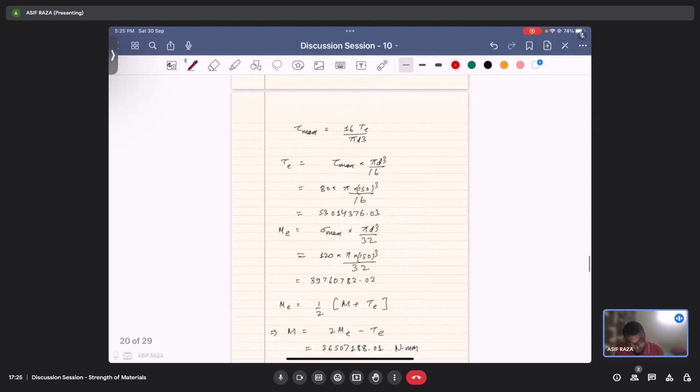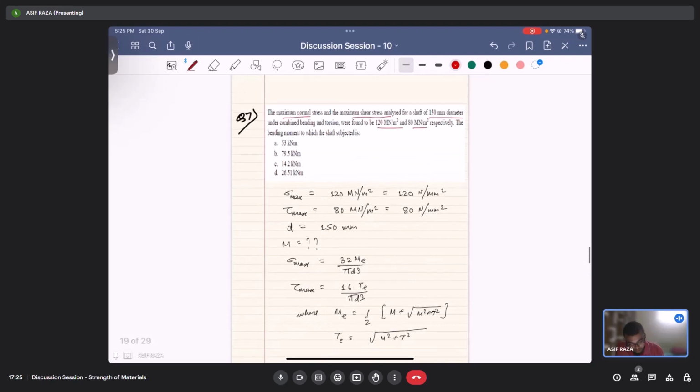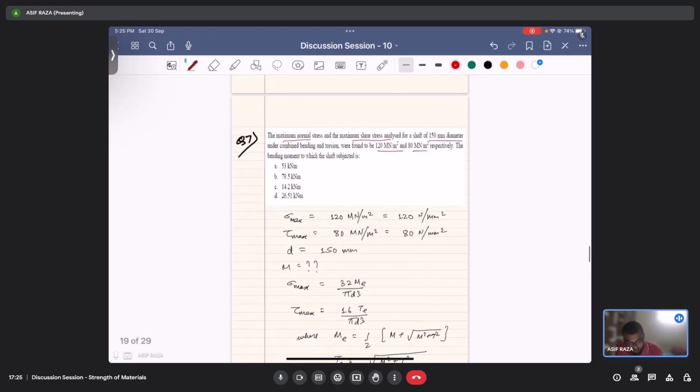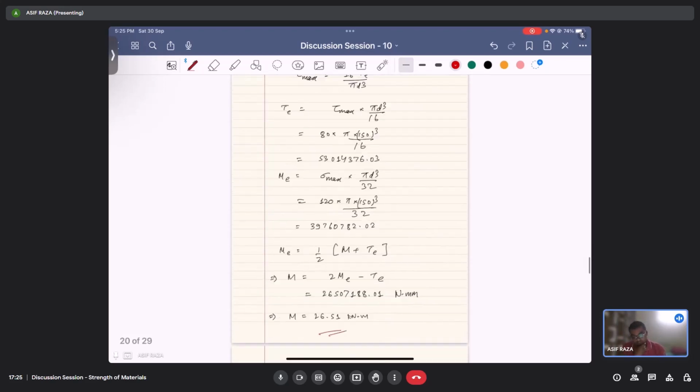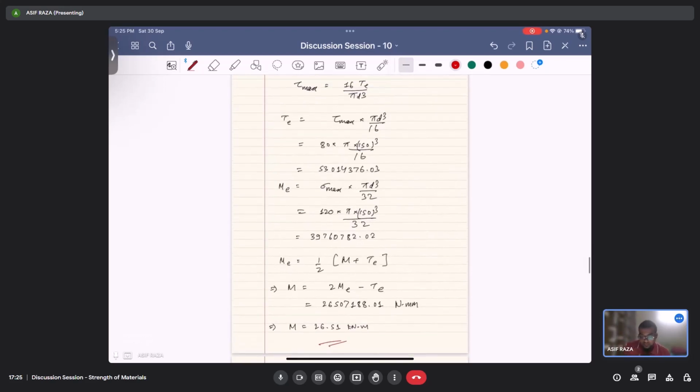Let's see what is there in the options. Okay, yeah, so option D matches perfectly. 26.51 kilonewton meter is the bending moment applied in the system.